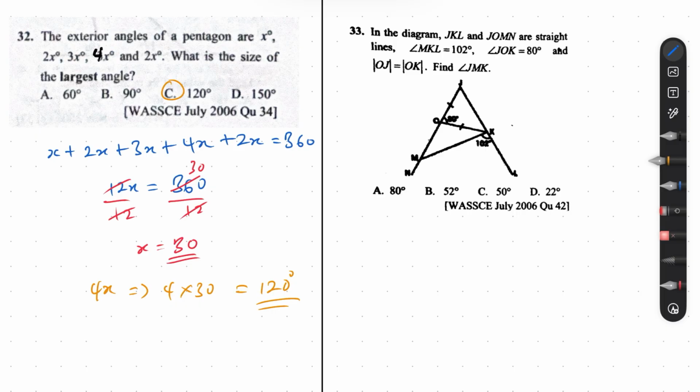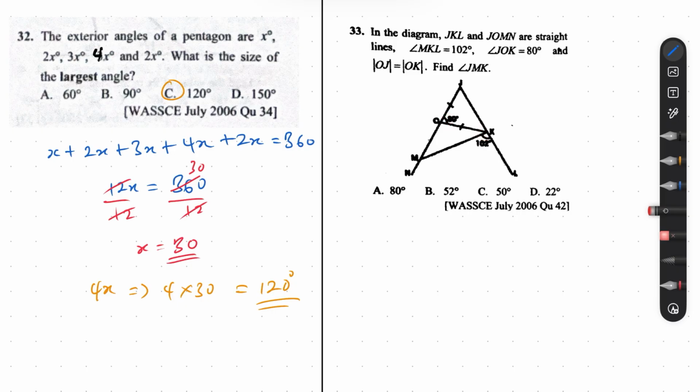The question says, in the diagram, JKL and JOMN are straight lines. This angle is 102, and then this angle is 80.